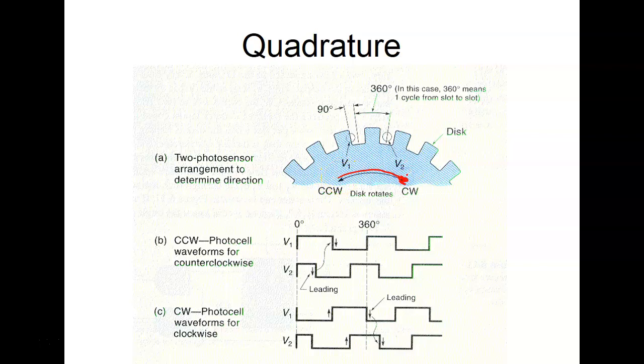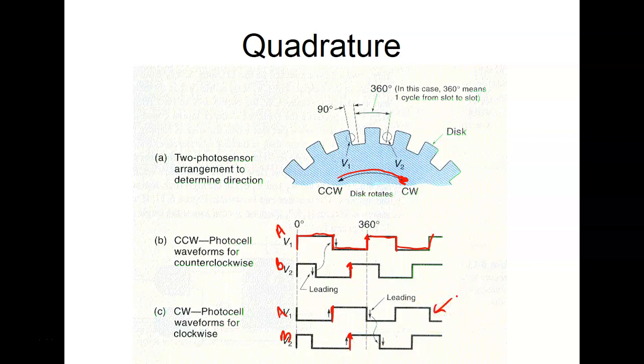So what happens if it's turning in this direction? Then it's going to see one of these first. So the pulses are going to be 90 degrees offset. If we call this channel A and channel B, the direction it's turning right now is channel B occurs before channel A. And if it turns the other direction, channel A occurs before channel B. So all we have to do is count one of them.